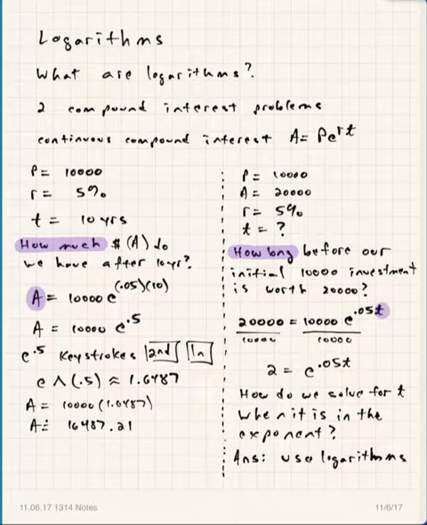It's a really different problem than the first compound interest problem I did. So let's look at a simpler problem like this one, and we will return to this problem eventually. But how do we solve for the variable if it's in the exponent? So we're going to look at a simpler problem at this point.